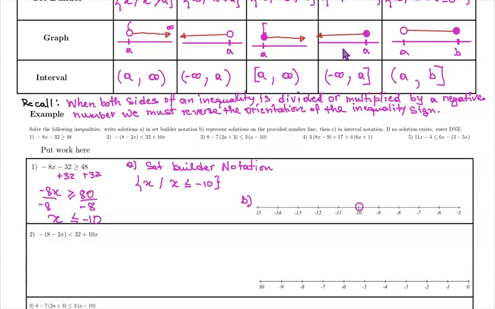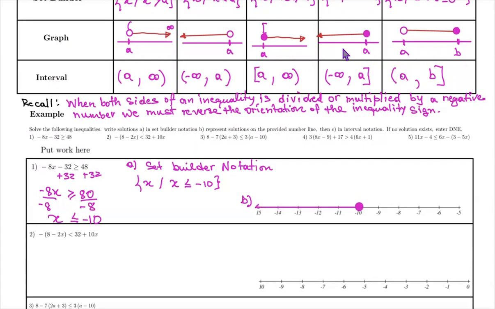And then it's less than or equal, so I'm going to have a closed circle on -10, because -10 is now included. And then the left side of -10, since x should be less than -10, so we would take everything on the left side of -10 as the solution.